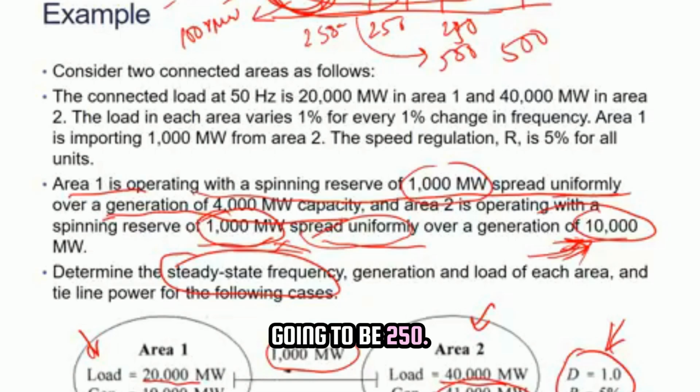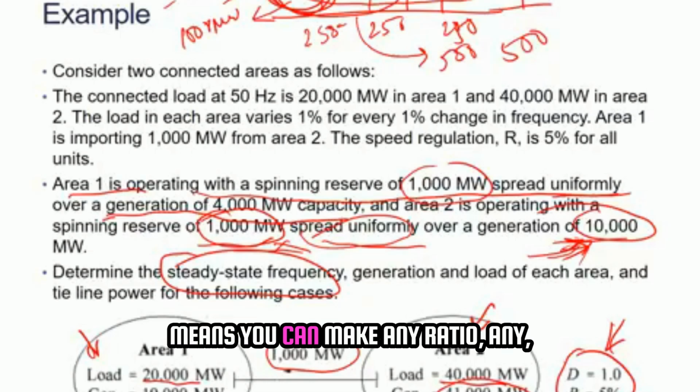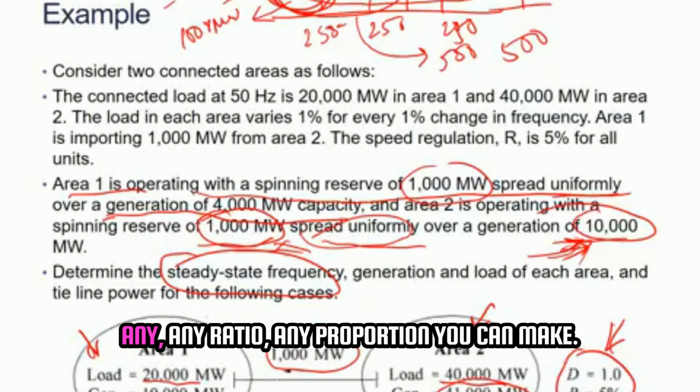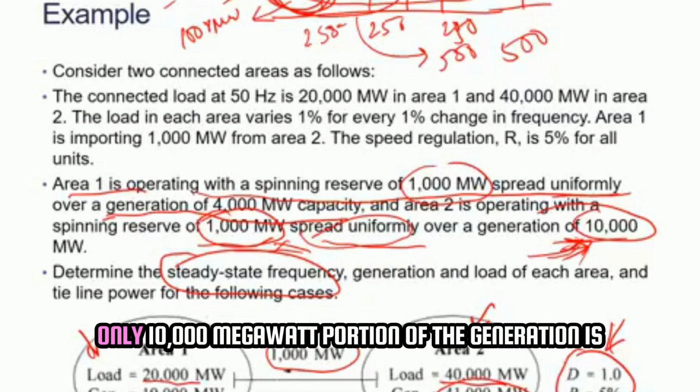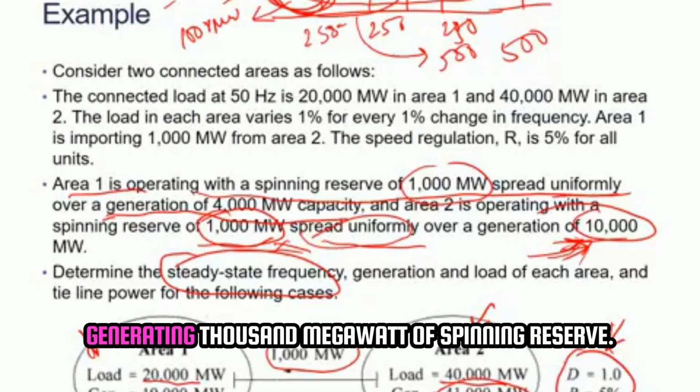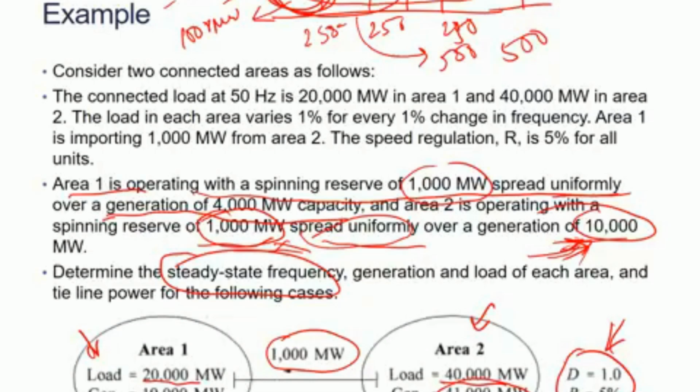Yeah, it's going to be 250. You can make any assumption, any ratio, any proportion, everything is correct. Only thing is that you have to clearly assume that only 10,000 megawatt portion of the generation is providing 1,000 megawatt of spinning reserve. So that's what you have to assume.